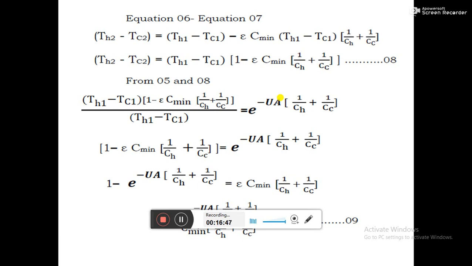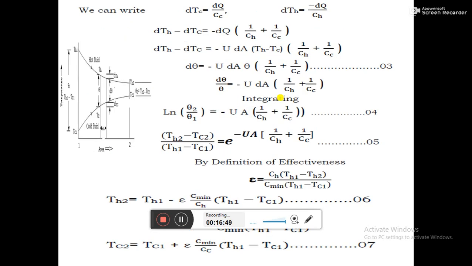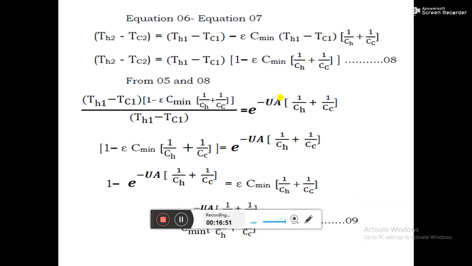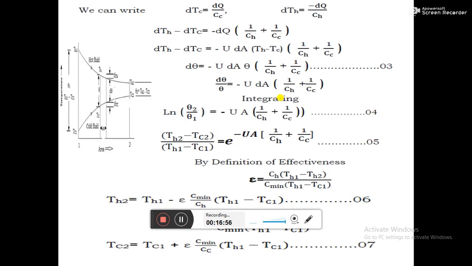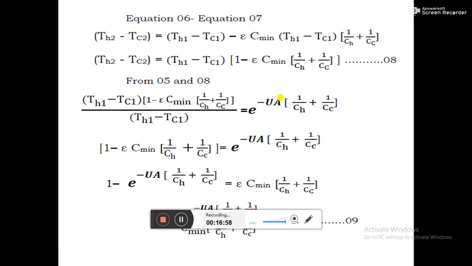From equations number 5 and 8, now substituting the value of TH2 minus TC2 in equation number 5, we get (TH1 minus TC1) into [1 minus effectiveness into C minimum into (1 by CH plus 1 by CC)] divided by (TH1 minus TC1) equals e to the power of minus UA into (1 by CH plus 1 by CC).